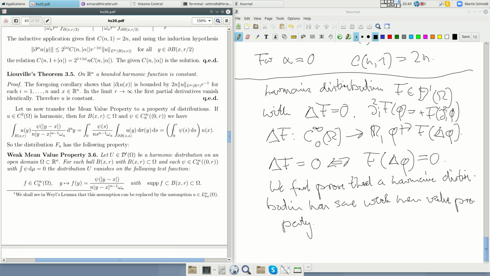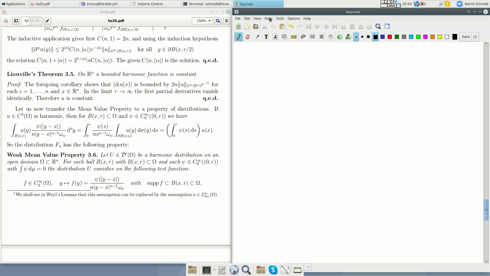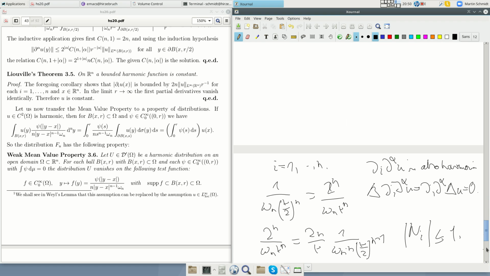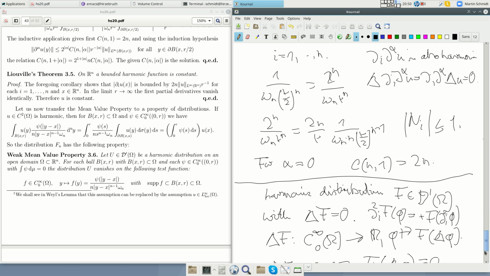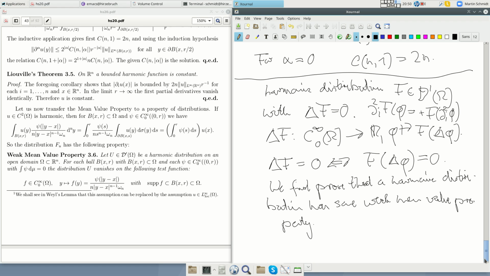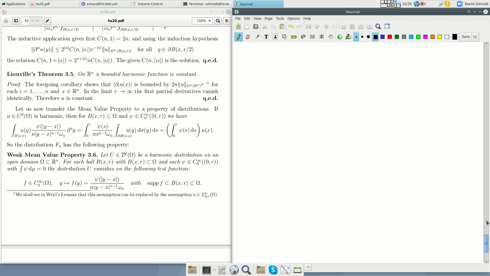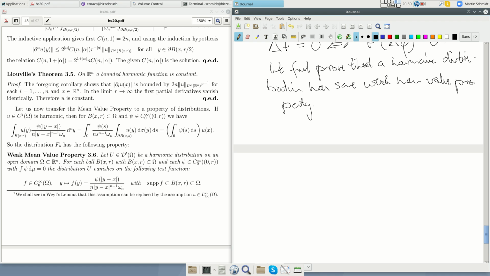And this will help us to formulate the mean value property.